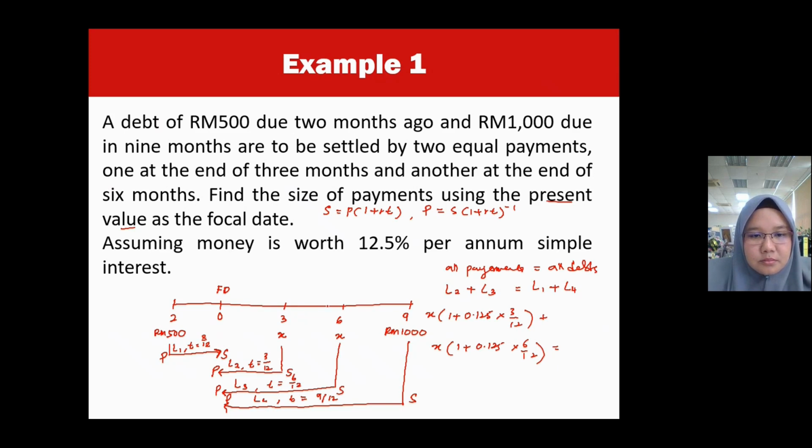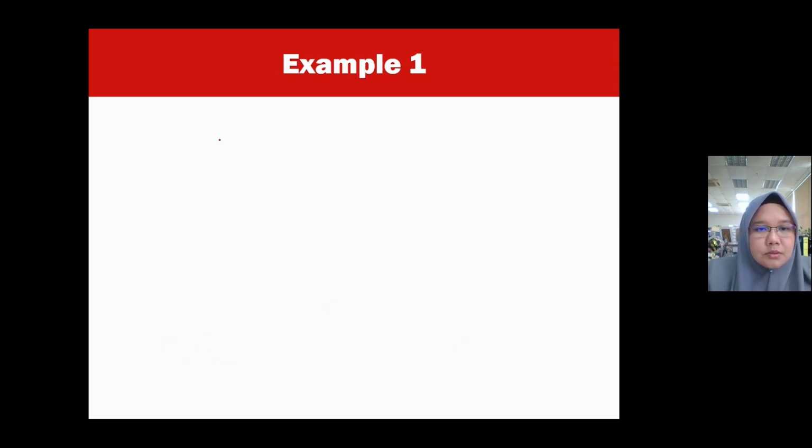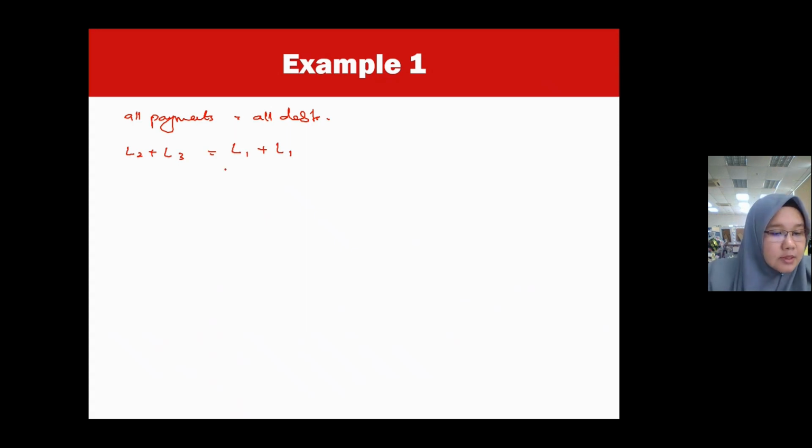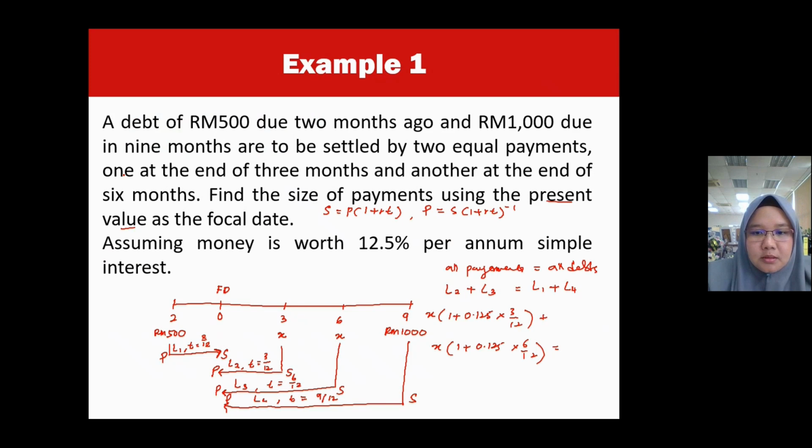I will write down all payments equal to all debts. So all payments in this one will be line 2 plus line 3 equal to line 1 plus line 4, which is the payment that we need to find, the size of the payment. So from the previous slide, we copy this one.